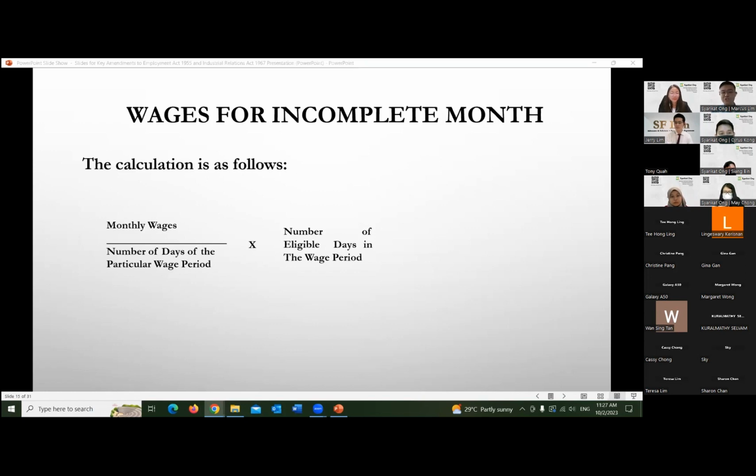For example, I just joined today, the 10th of February. So we will calculate 10th of February until the 28th of February. How many days, including public holiday and rest day? That is eligible day. So the wage period will actually be 28 days in February.